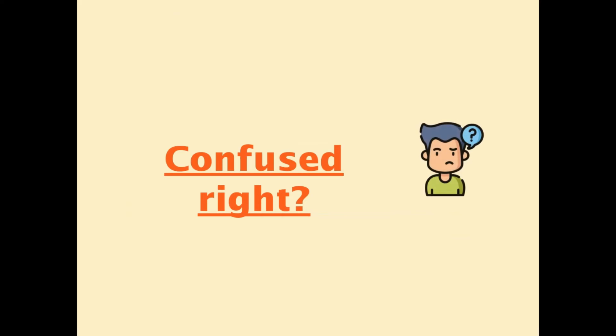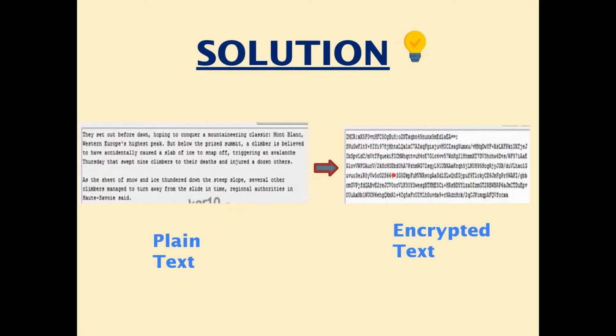Confused, right? There is a solution for it also. The plain and simple solution is to encrypt or codify your texts or messages. For example, here is a very basic example. Here is a plain text that any human who knows how to read or write can understand.